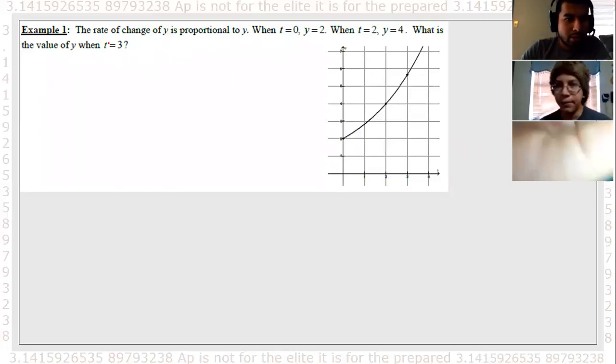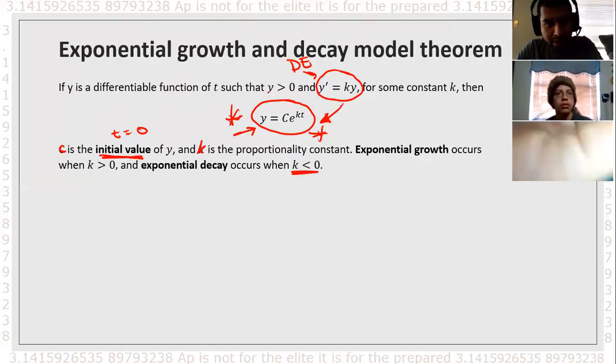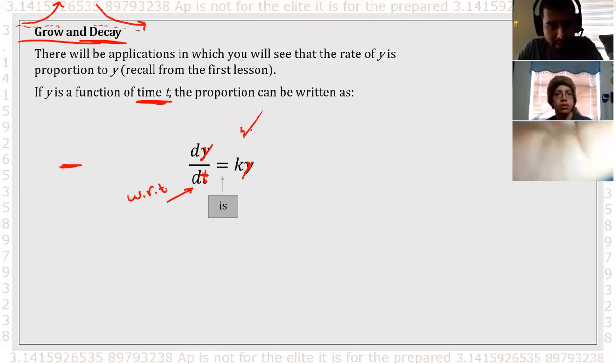Okay, so the rate of change, y prime, is proportional to y. So pretty much what we just said right here, right? So y prime equals ky, just like we did before.